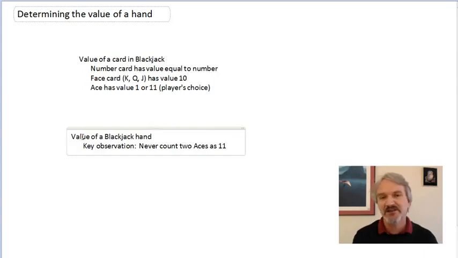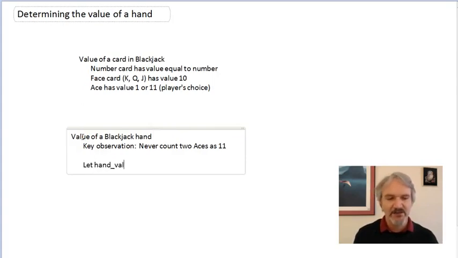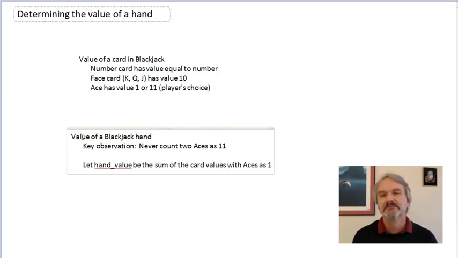That leads us to our algorithm for how to compute a hand value. Let hand value be the sum of the card values with aces as 1. Just go through and compute the value of the hand counting aces as 1.